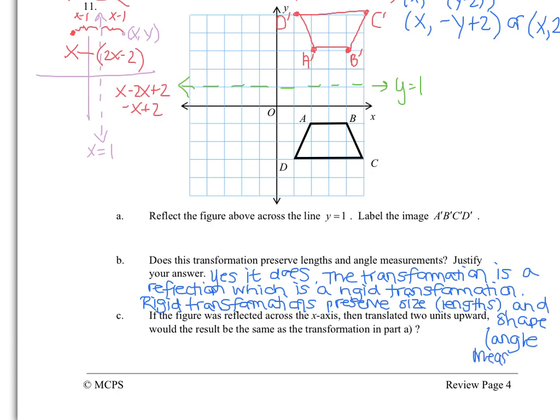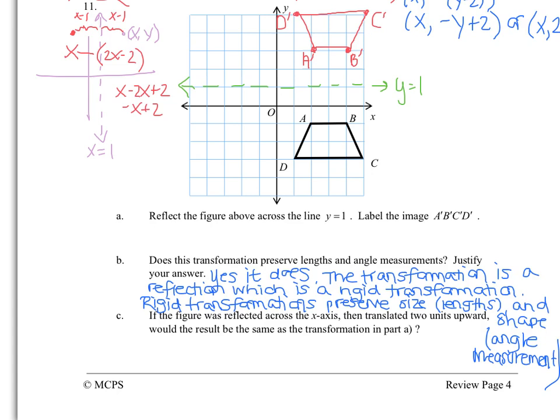So because this is a reflection, sorry, handwriting, a reflection is a rigid transformation, so it preserves lengths and angle measurements.